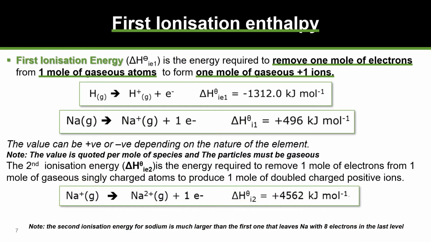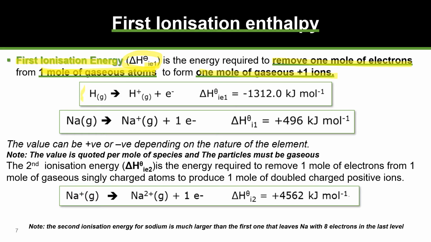Another definition that we need in order to build the Born-Haber cycle is the first ionization energy. We represent that as delta H IE1 for ionization energy number 1, and it is the energy required to remove 1 mole of electrons from the mole of gaseous atoms that we formed in the atomization energy to form 1 mole of gaseous ions with a plus 1 charge.